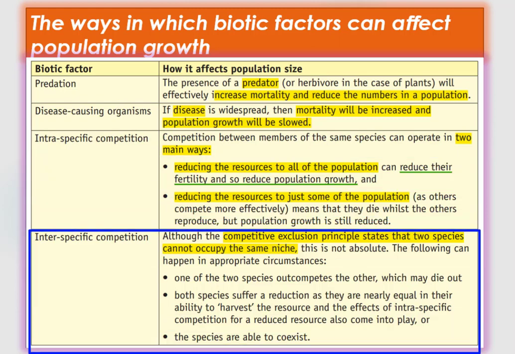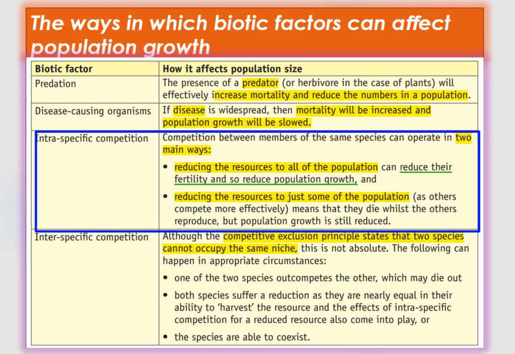How does intraspecific competition affect population size? Competition between members of the same species can operate in two main ways. The first way, reducing the resources to all of the population, can reduce their fertility and so reduce population growth. The second way, reducing the resources to just some of the population as others compete more effectively, means that they die whilst the others reproduce, but the population growth is still reduced.